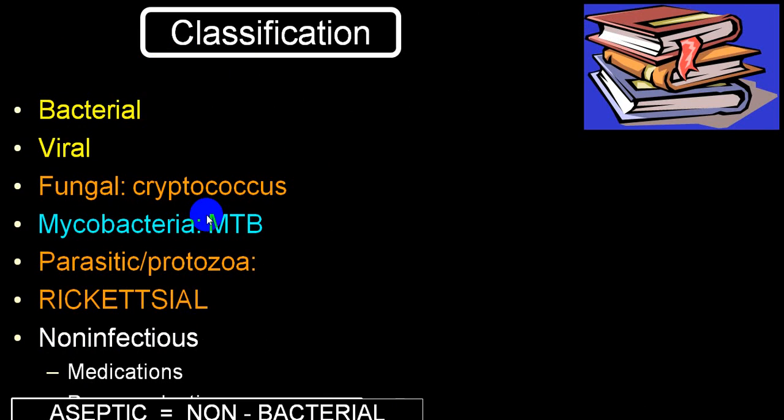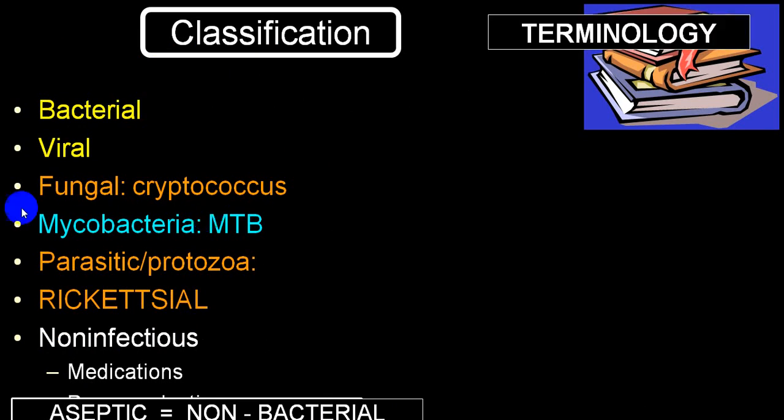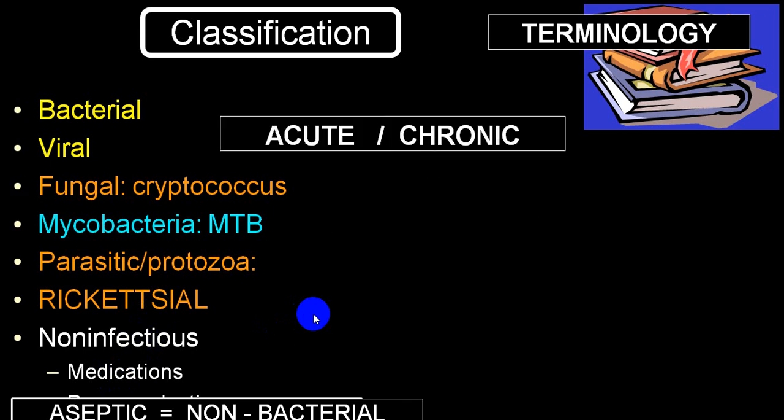There are few terms which are very frequently being utilized. Depending upon the etiology, some terms are bacterial meningitis, viral meningitis, fungal meningitis, and among fungal, cryptococcus is one of the most common. Tubercular, or we call mycobacterial, parasites, rickettsia, and non-infectious group, that is drugs, etc. We also divide into acute and chronic.